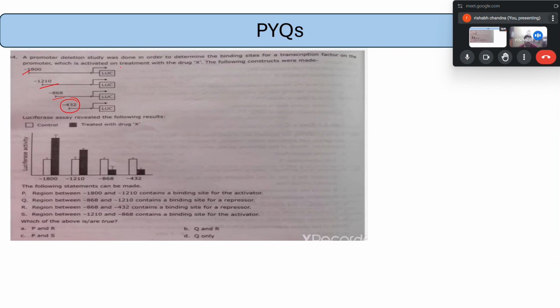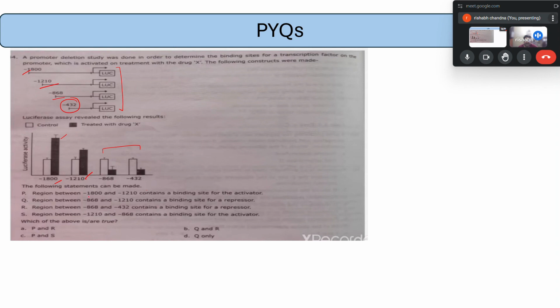Now, what we are doing is we have attached this particular promoter to the luciferase gene, and drug X activates this particular promoter. Here we have seen that in the case of minus 1800, the maximum activity is observed, followed by minus 1210, and the last two show minimal activity. So the following statements were made.